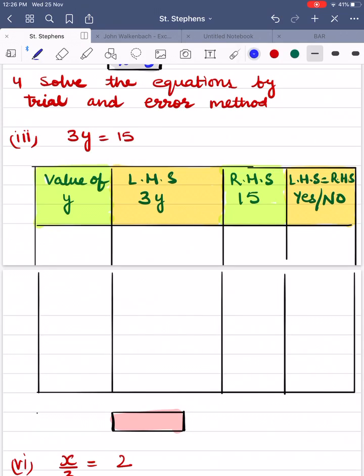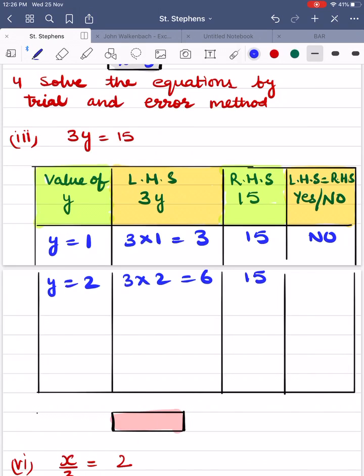So we have when y is equal to 1, left hand side is 3 into 1, it is equal to 3, which is not equal to right hand side. Now let's take y is equal to 2. We have 3 into 2 is equal to 6, it is again not equal to right hand side. Now let's try y is equal to 3. So 3 into 3 is 9, again it is not equal to right hand side.